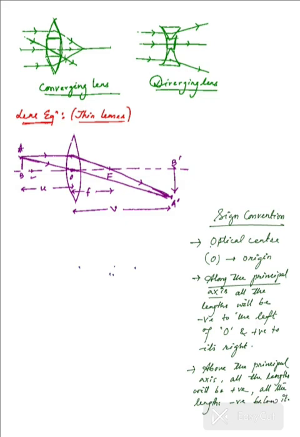You can either consider the principal axis as the reference point or the optical center as the reference point. In both cases, it will be the same.